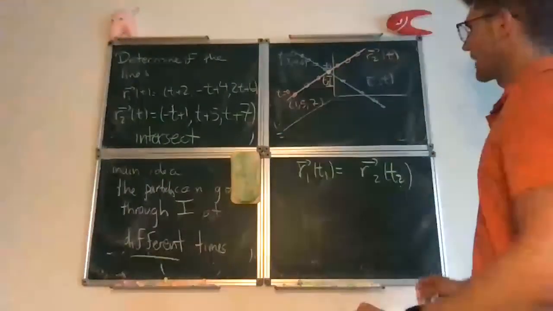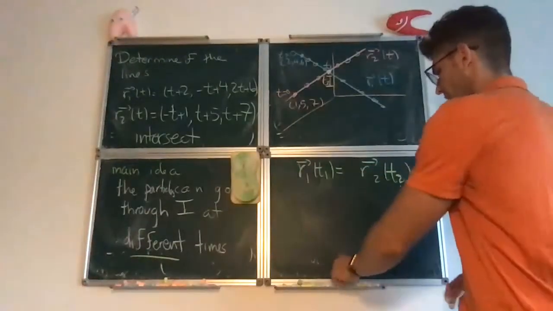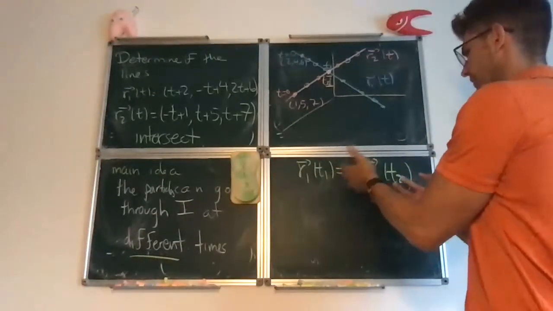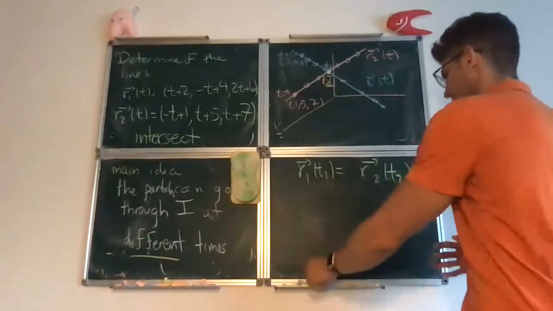If they pass through the same point, the position vector has to be the same. We're just saying that they are the same vector, or the same point, but not necessarily at the same time.